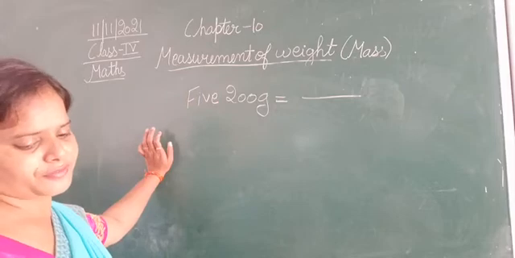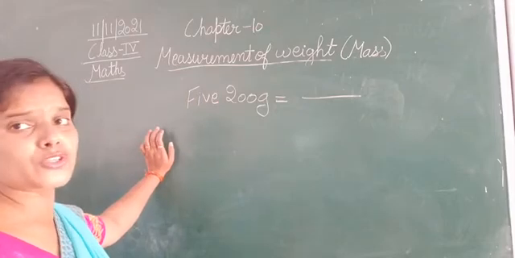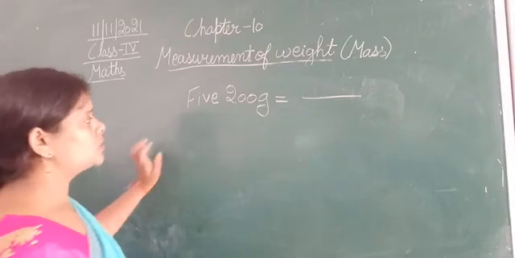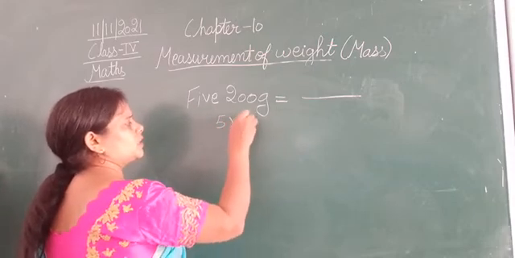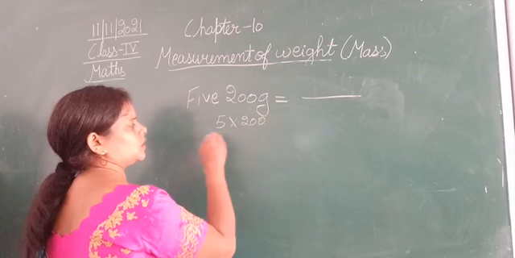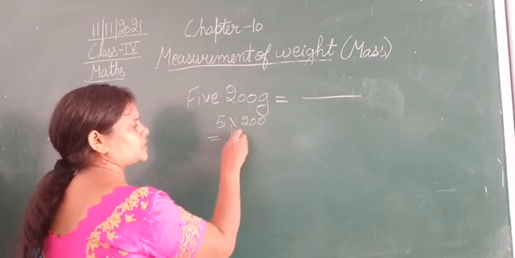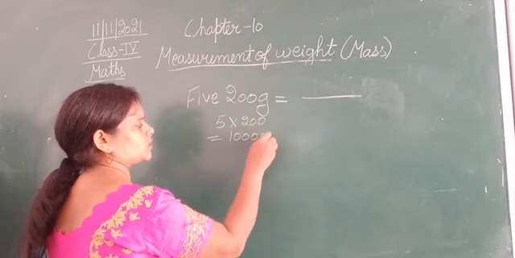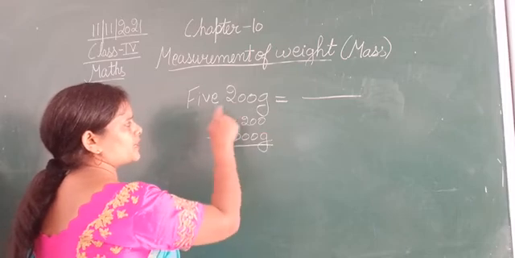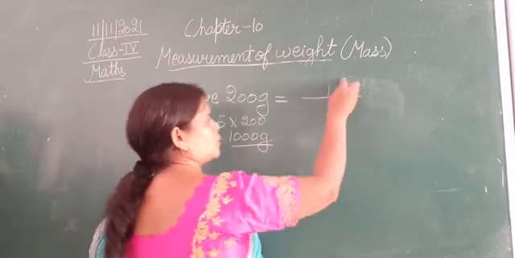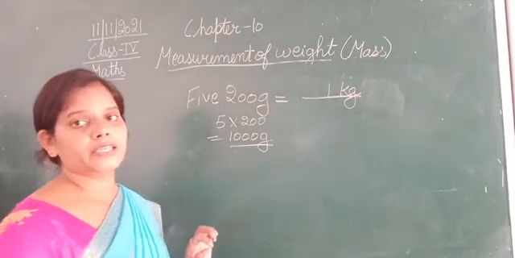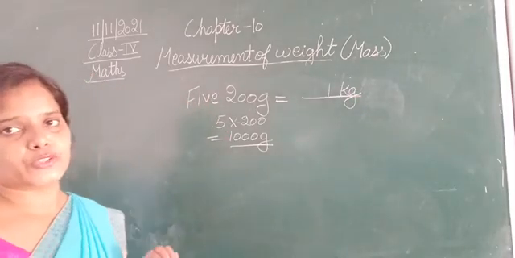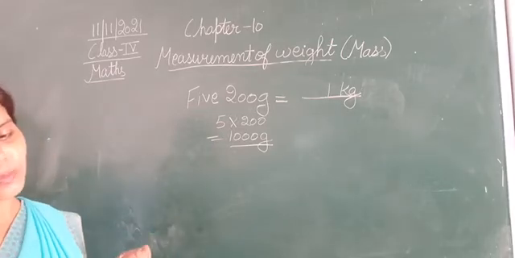So 5 weights of 200 grams, that is 5 into 200, that is 1000 gram. So 5 weights of 200 grams will make 1 kg. Right? This is 1 kg. So this is how we split the weights.